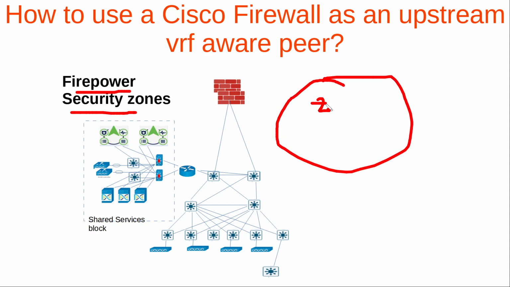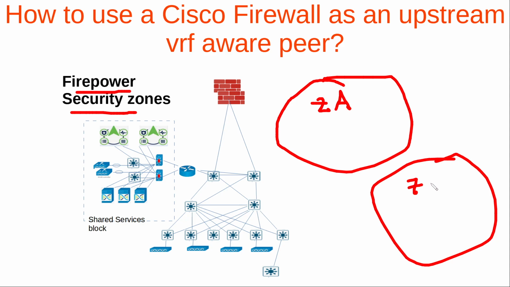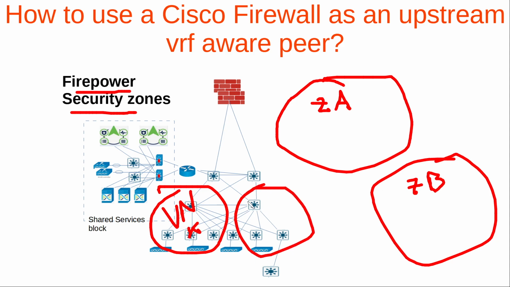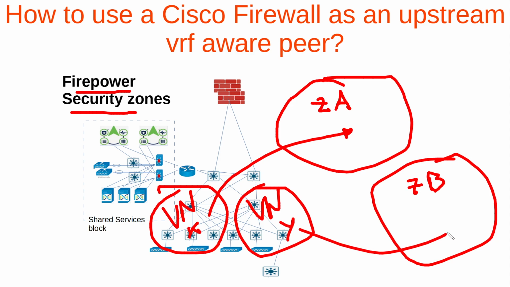So you could create security zone A and security zone B. And if you had virtual network X and virtual network Y, you could land prefixes coming from virtual network X into this security zone, and then virtual network Y prefixes could land into security zone B, and then you could create rules in order to communicate devices that live in different security zones. But remember that you are doing that in a firewall, which is a secure device. That's it.